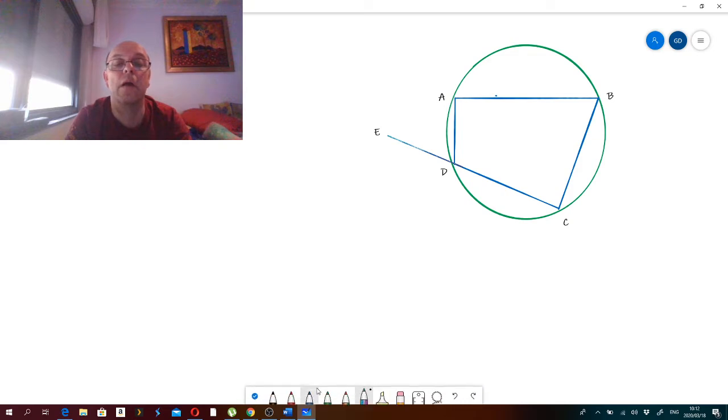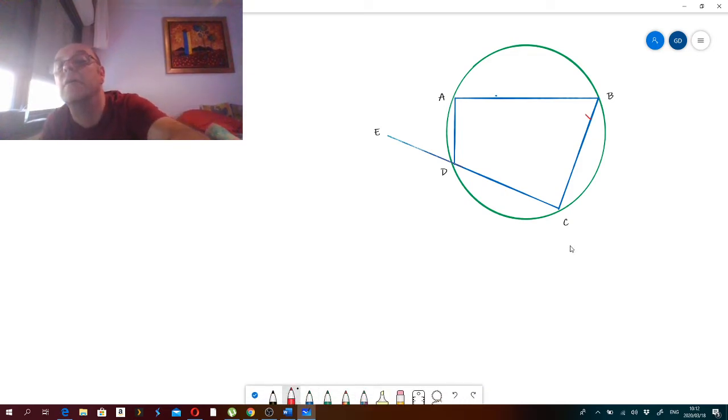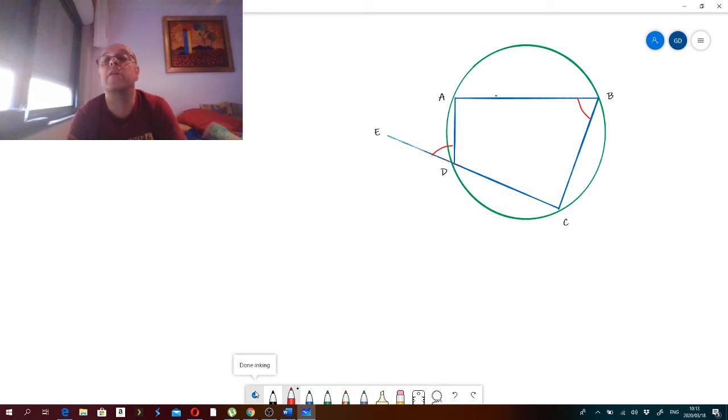Right, so this angle ABC is equal to ADE, this angle over there. Okay, that's what we're looking for. Alright, so the question is how are we going to do that? Well, I suppose we can already use some of the things we've discovered. So we do know that the opposite sides of a cyclic quad are supplementary.